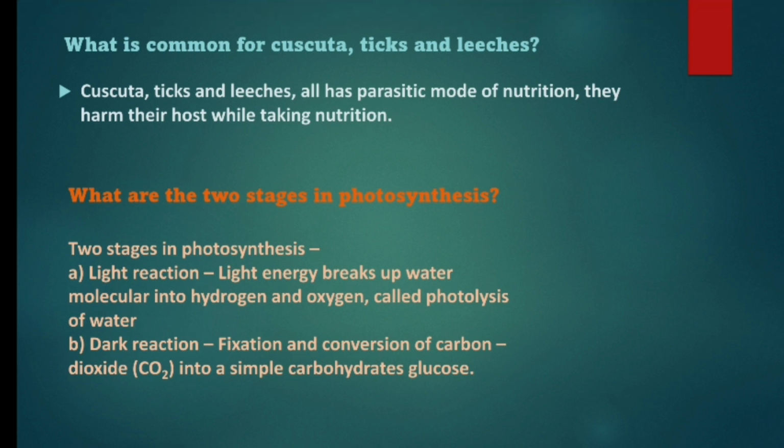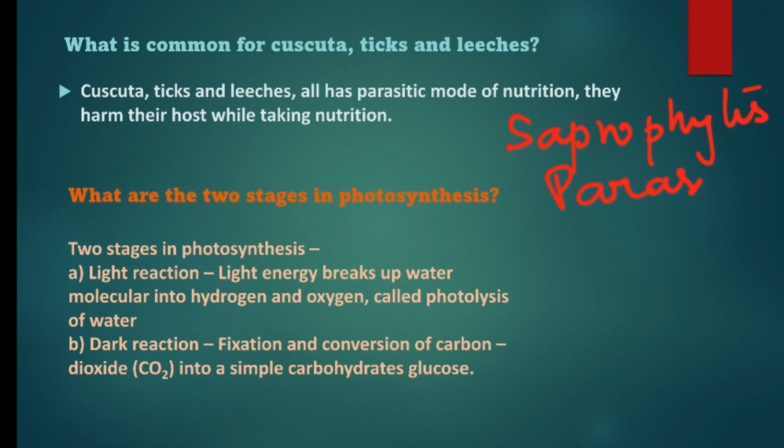Now you have studied about the different types of heterotrophs. Heterotrophs are of three types. One is saprophytes, which feed on the dead and the decayed. Then you have parasites, and then you have studied about holozoic mode of nutrition, that is amoeba.